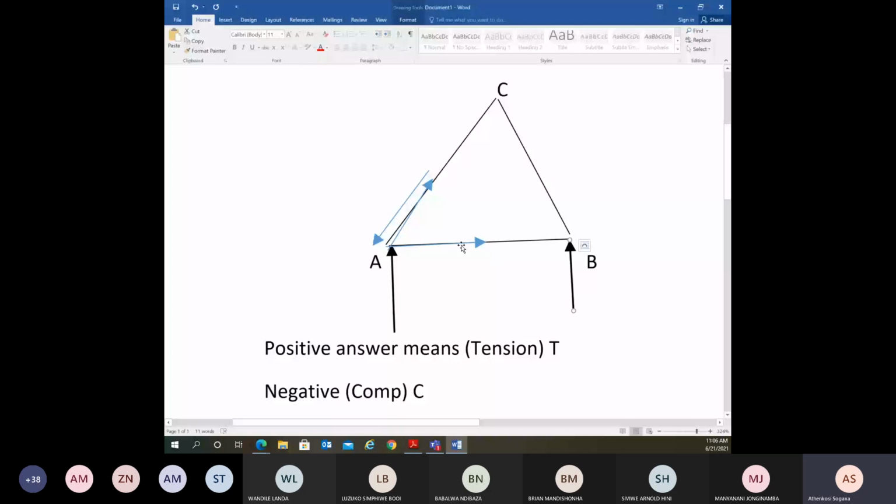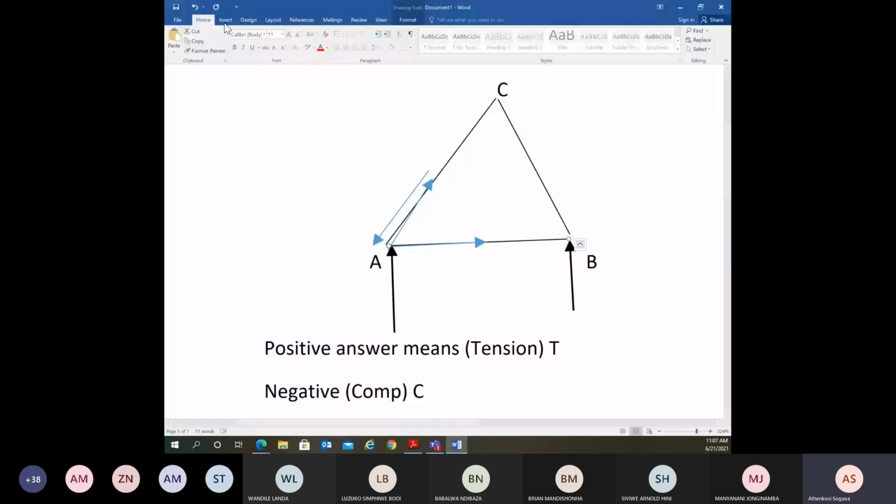If it's in compression at A, at B it will be in compression. Therefore, when you indicate it at point B, you will indicate it as compression. That helps with your directions.